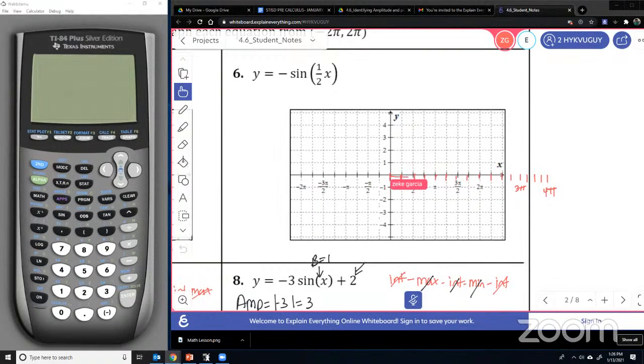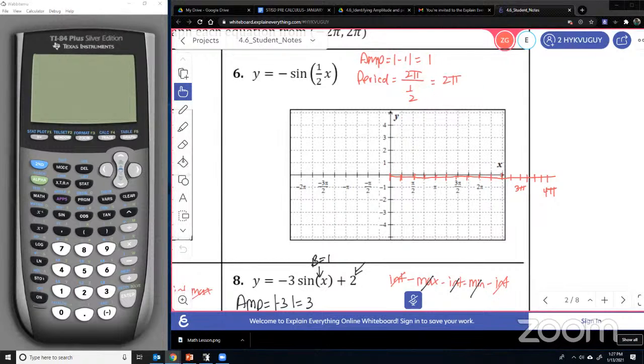I'm going to do this because this one's a little bit different. Okay, sine, well, the amplitude is -1, so it's 1. The period did change. So we have 2 pi over 1/2.